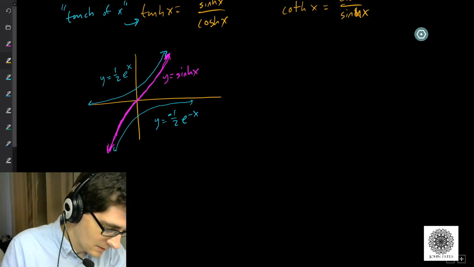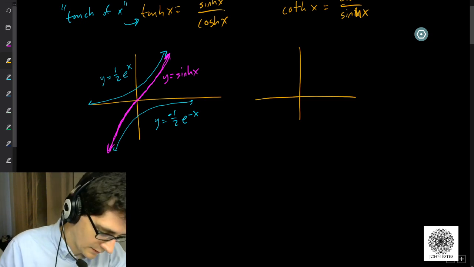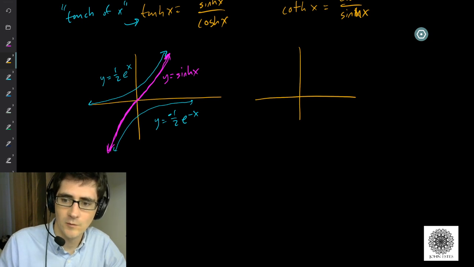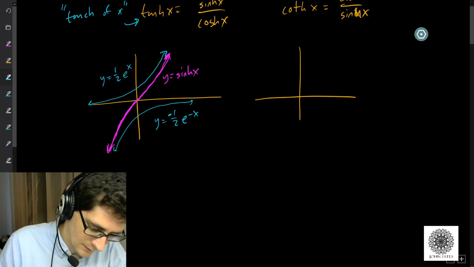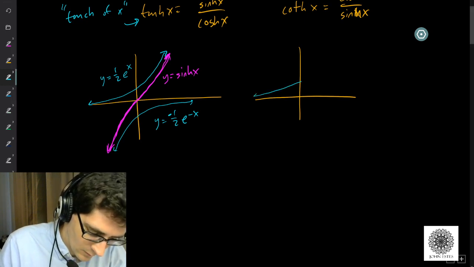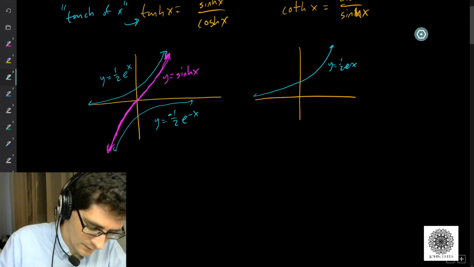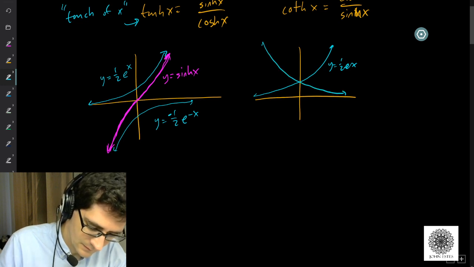Now we can do the same thing with cosh. And so this time we need 1/2 e to the x, and we need positive 1/2 e to the negative x as our two boundaries. And so it looks something like this. 1/2 e to the x, and then positive 1/2 e to the negative x.